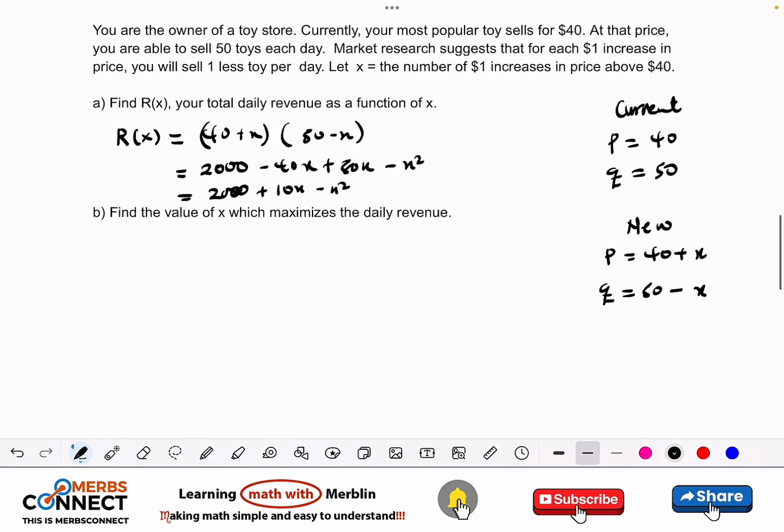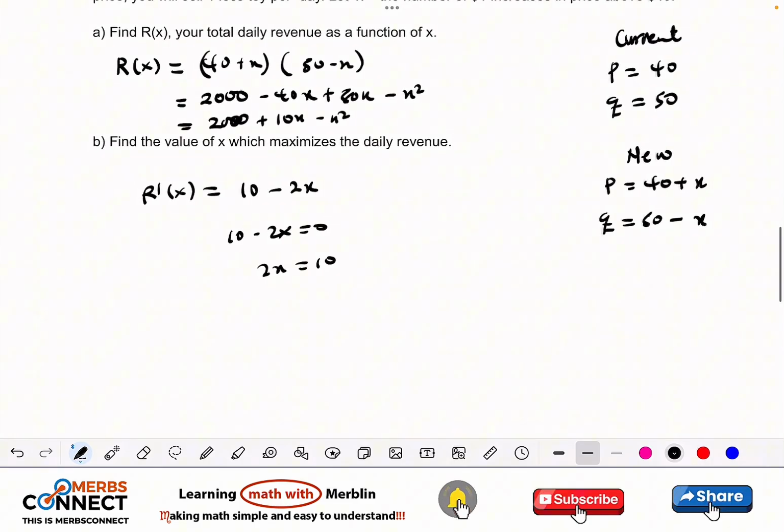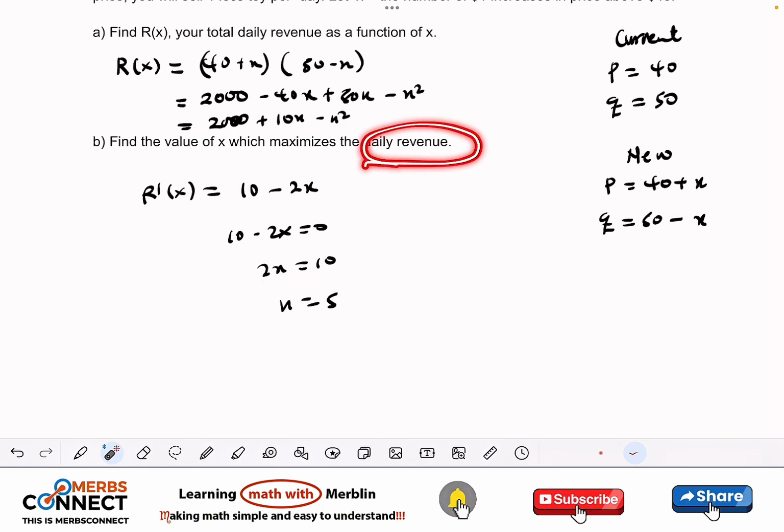Good. So what can we do now? We want to follow the same procedure. We want to find R prime, which is going to give us 10 minus 2x. Set it to be 0 because R prime should be 0. So 10 minus 2x is equal to 0, 2x is equal to 10, and then x is going to be 5. So this is the x value that is going to maximize the daily revenue.